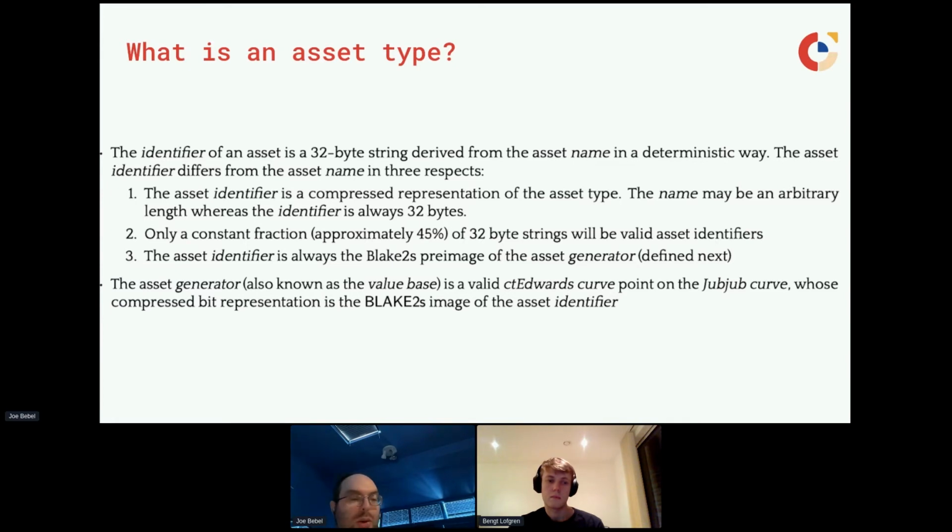And we don't want to do extra work in the circuit to handle these invalid cases. We just want to reject them. And so it's the responsibility outside of the circuit to ensure that only good asset identifiers are used. So this can prevent you from directly using the hash of the asset name, because you might get an invalid asset identifier that when you hash the asset identifier gives you an invalid curve point. And so there's some subtleties.